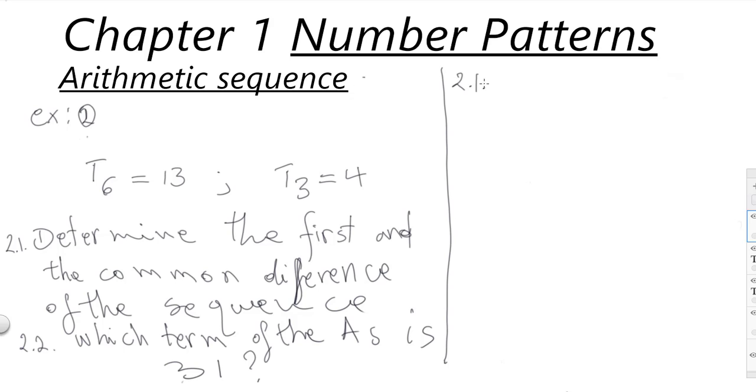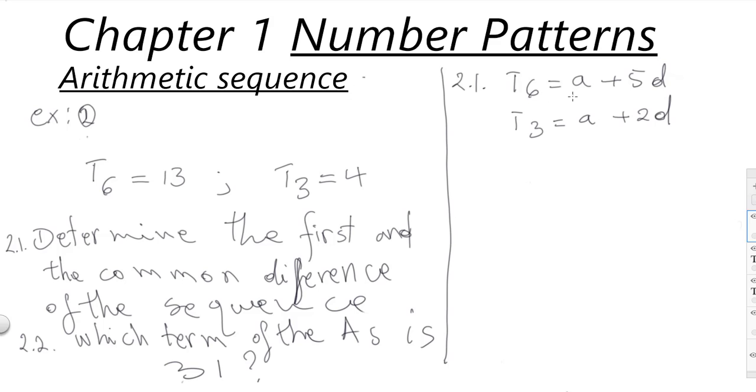2.1. Remember, T6 will be first term plus how many differences? 5 differences. T3 will be first term plus how many differences? 2 differences.